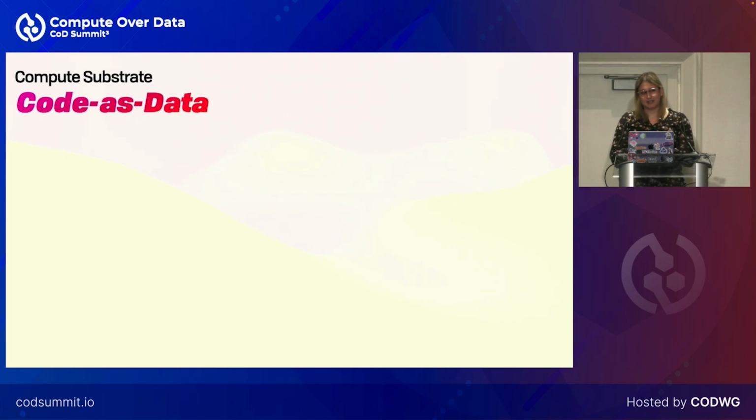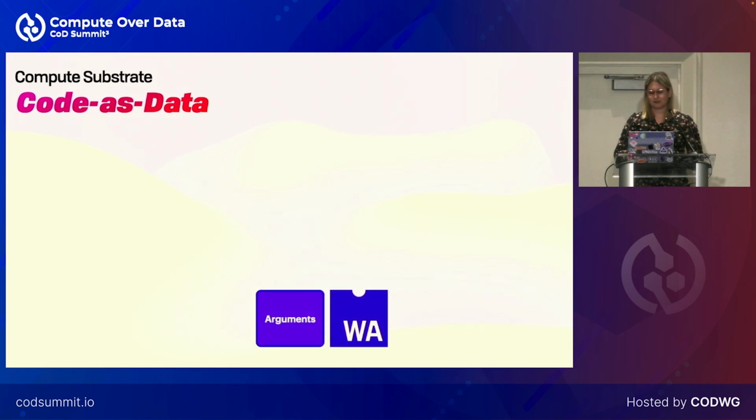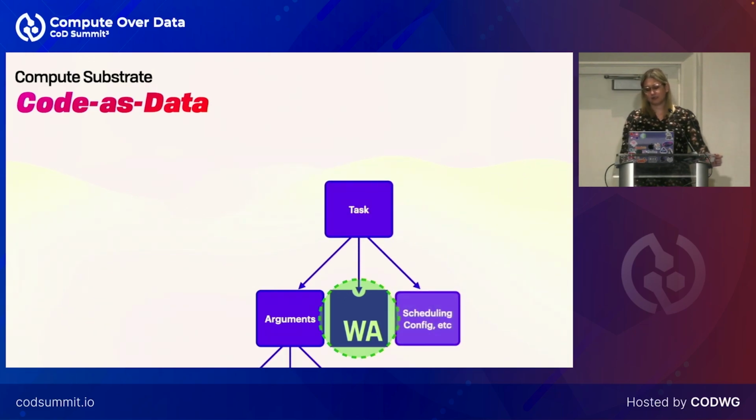There's this old idea going back to the 50s called code as data. Computation, obviously, is we're going to take some arguments and apply them to a function. But that function is also content addressable, right? It's also some data that sits on a disk. We can roll this up into a task and also attach to that a little bit of information about scheduling, configuration, et cetera.